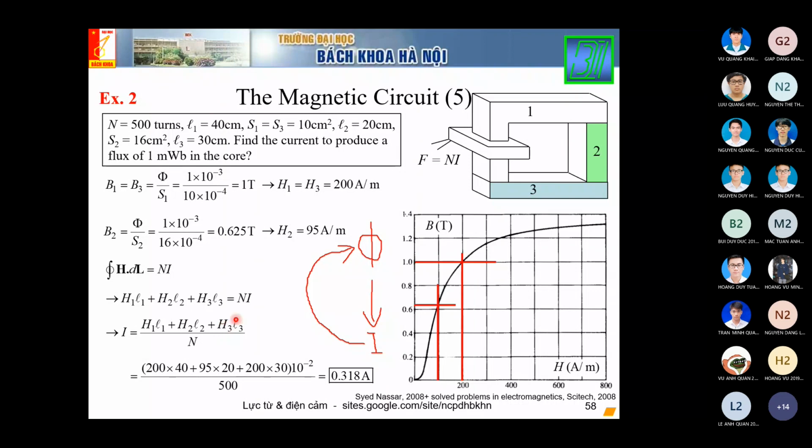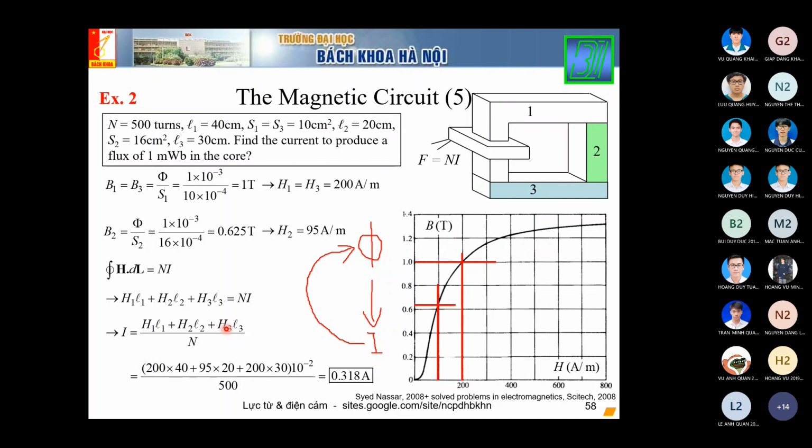You know why? Because we have here only one equation. On the other hand, we have 3 unknowns, H1, H2, and H3. So we cannot find them. Can you get this idea? In this exercise, the forward problem is very simple, but the reverse problem is a little harder.